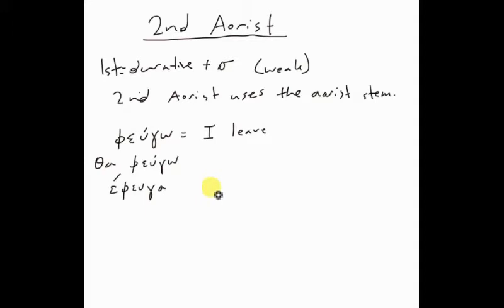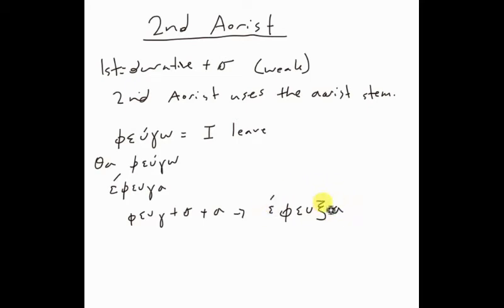Now the aorist, if you tried to form it as a first aorist, you would get φευγ plus sigma plus your ending, and you would get φεύξα, with the accent on the antepenult.